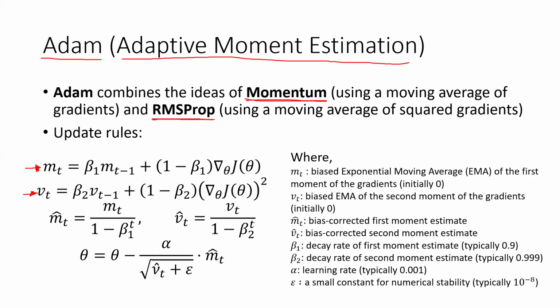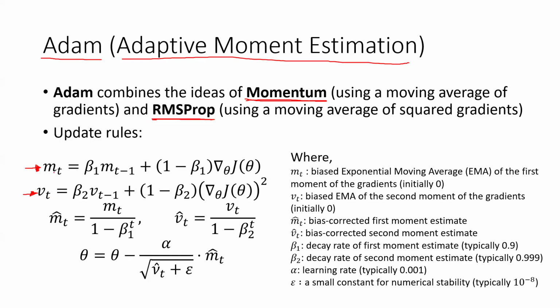Beta 2 times Vt minus 1 plus 1 minus beta 2 times the square of the gradients. Remember that this V is not related to the velocity that we used in momentum, right? This is a completely different one. This is about the second moment, the exponential moving average of the squares of the gradients.